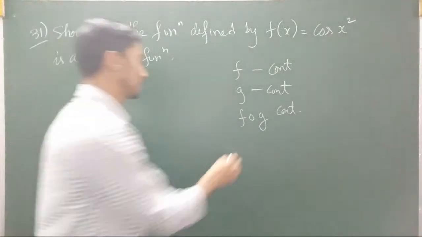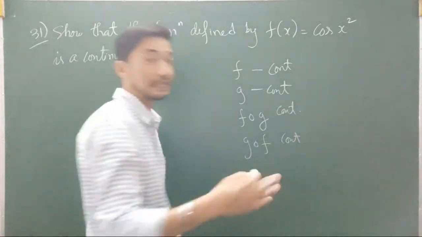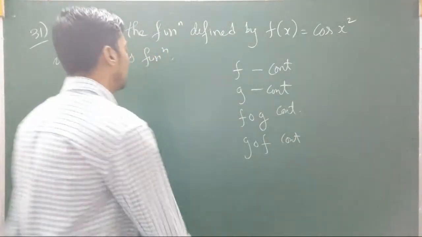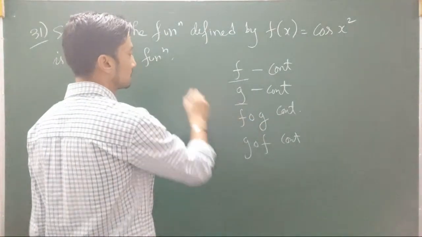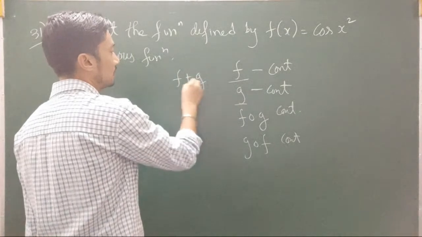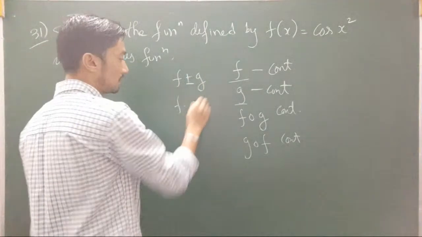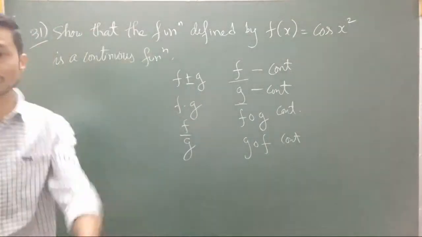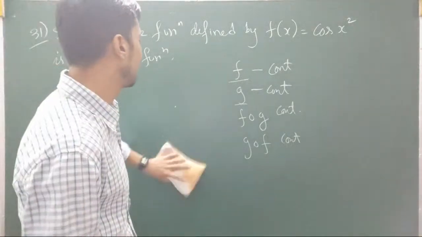Similarly, we have also seen that their algebra, that is f plus or minus g, f into g, and f by g, are also continuous functions. So all those concepts will be required here.